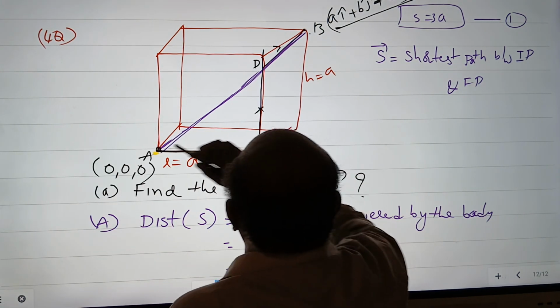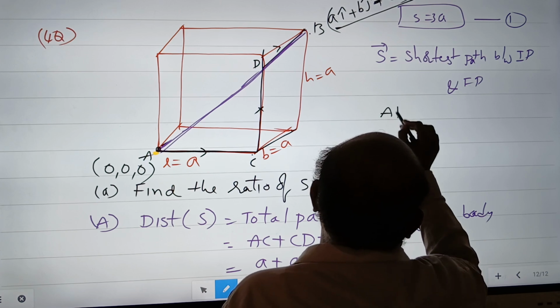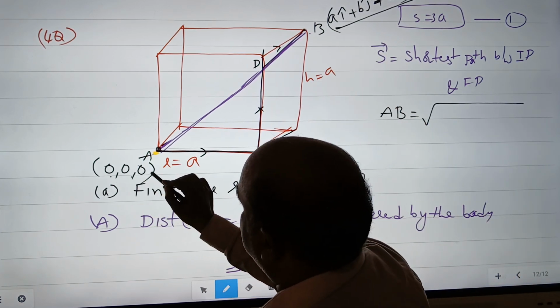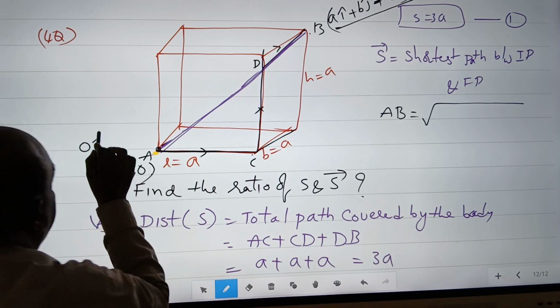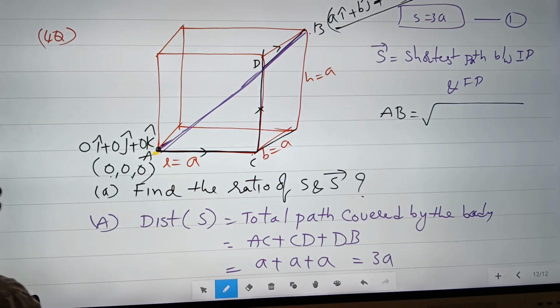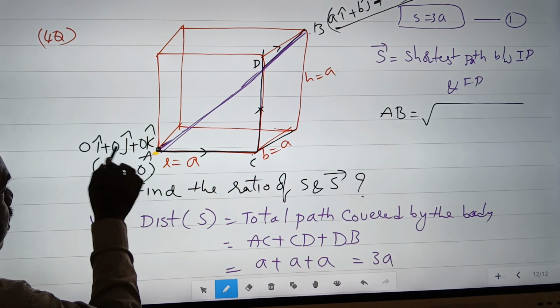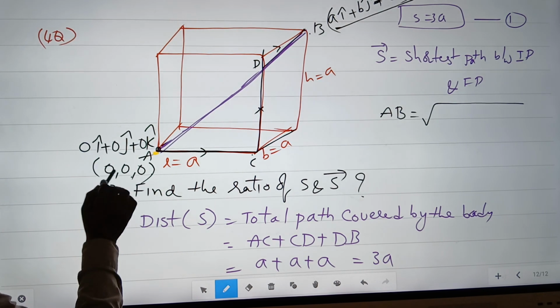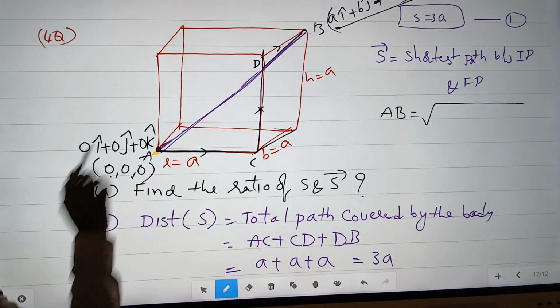Now how to do this? You know very well, A to B is the shortest path. AB is equal to under root. This is x1, y1, z1. This you can write as 0 i cap plus 0 j cap plus 0 k cap. This is x1 i cap, y1 j cap, z1 k cap.